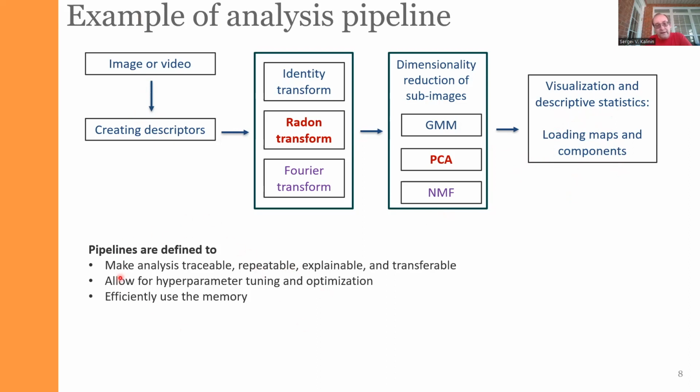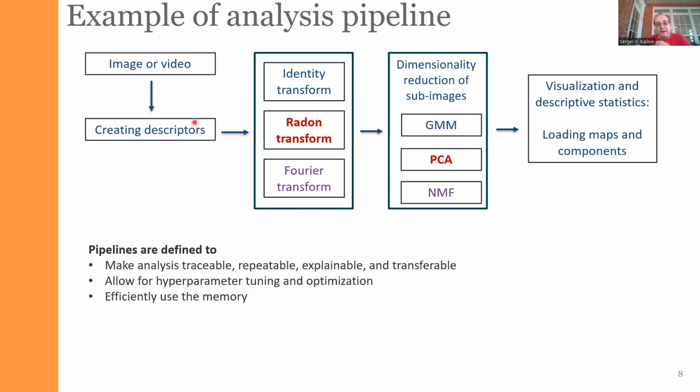But the idea of defining the pipeline is that your analysis becomes traceable, repeatable, explainable to the extent possible, and transferable. And another very important reason why we introduce the pipeline as the component is because it allows you to tune the hyperparameters and optimize the pipelines.